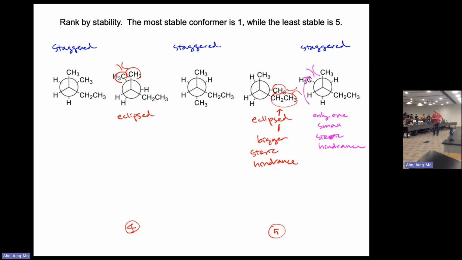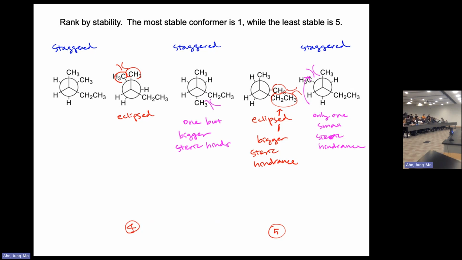So you get this methyl here and this ethyl, the biggest substituent on each carbon, 180 degrees apart. This looks like an anti. Yet this front carbon has not only the ethyl group, it has a methyl group. That's the one that gives you a gauche interaction between these two, even though this is an anti. So that's 1 gauche interaction there, right?